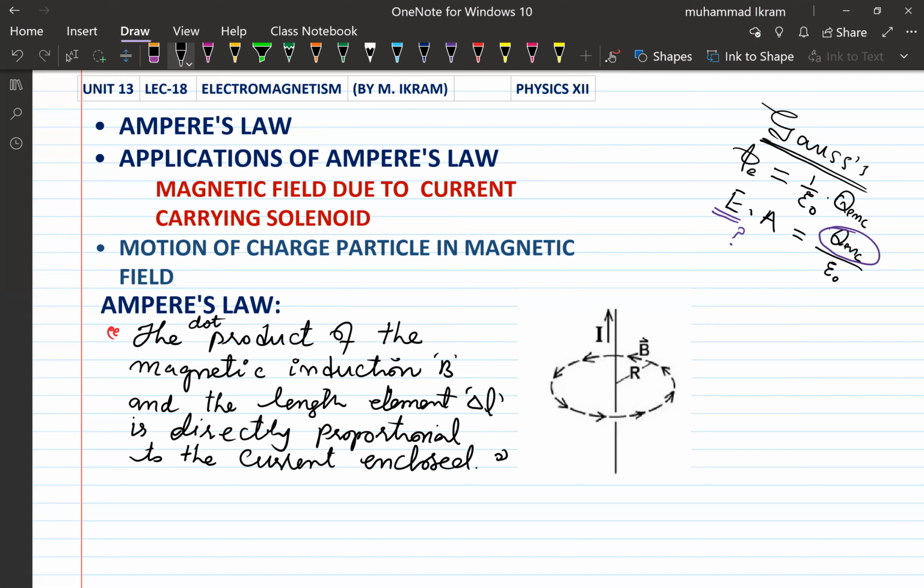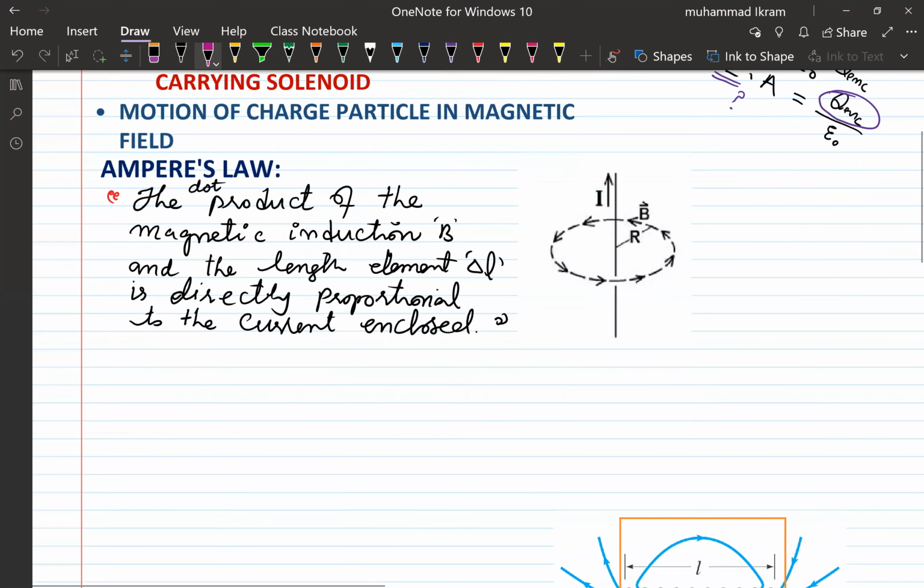Or in other words, we can also say that the dot product of the magnetic induction B and the length element delta L is equal to mu naught times the current enclosed by the circuit.